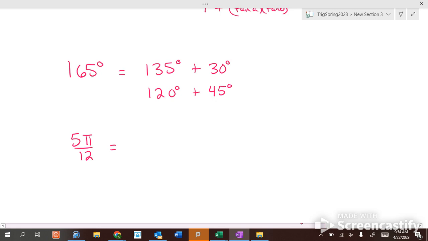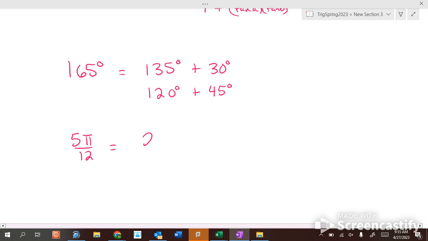So what we do is we start thinking, okay, is 1 pi over 12 on your unit circle? No. Is 2 pi over 12 on your unit circle? It is, just in another format.